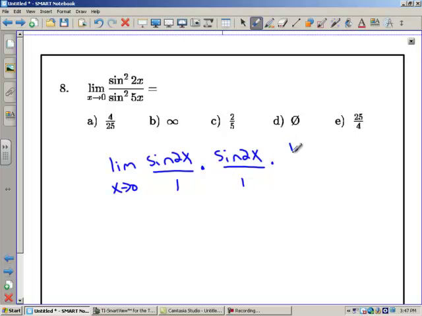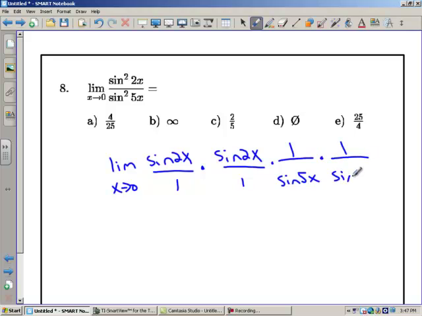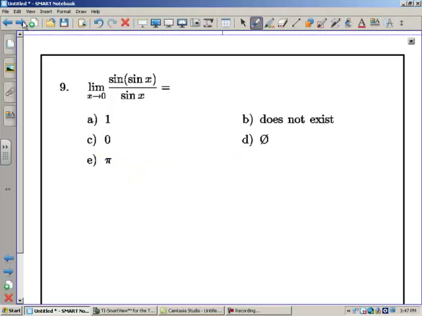And then times 1 over the sine of 5x times 1 over the sine of 5x. So that's your hint for how you could start that. Of course, you would need to multiply by a 2x over 2x here, a 2x over 2x here, 5x over 5x here, and 5x over 5x here. So anyway, from there, it's just like the previous example, so I don't want to waste your time with that.